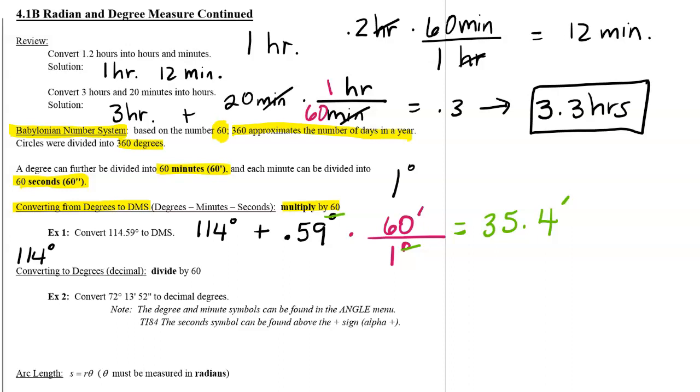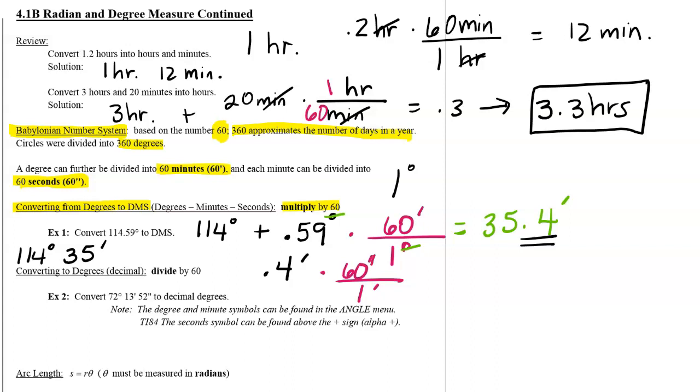So far, we have 114 degrees, we have 35 minutes. And now we want this 0.4 over here. We want to change that into seconds. So here we go again. We're going to take the 0.4, and that's 0.4 minutes, and we're going to multiply it by our conversion. So our conversion is going to say in 1 minute, there are 60 seconds.